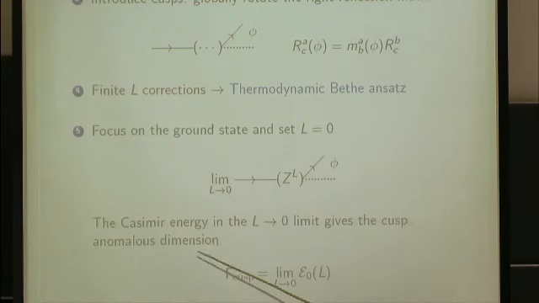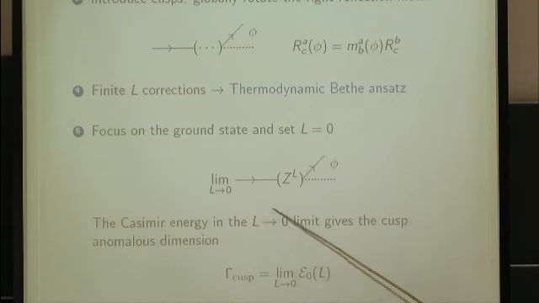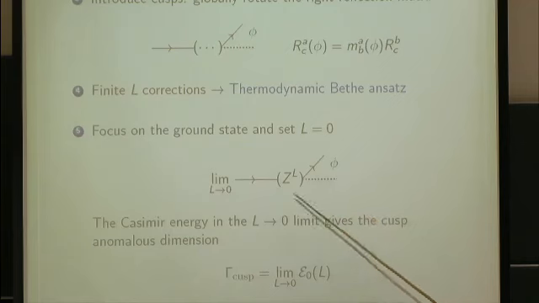So the Casimir energy, how the energy is corrected when you consider the finite size. And if you take the limit L going to 0, the size of the insertion disappears, and what you are left with is just the Wilson loop with the cusp, and this is what we wanted to compute.